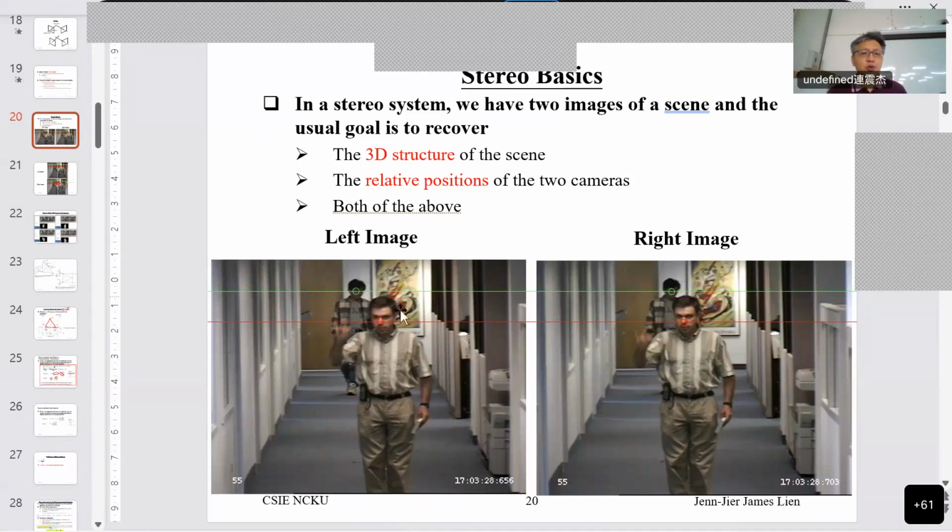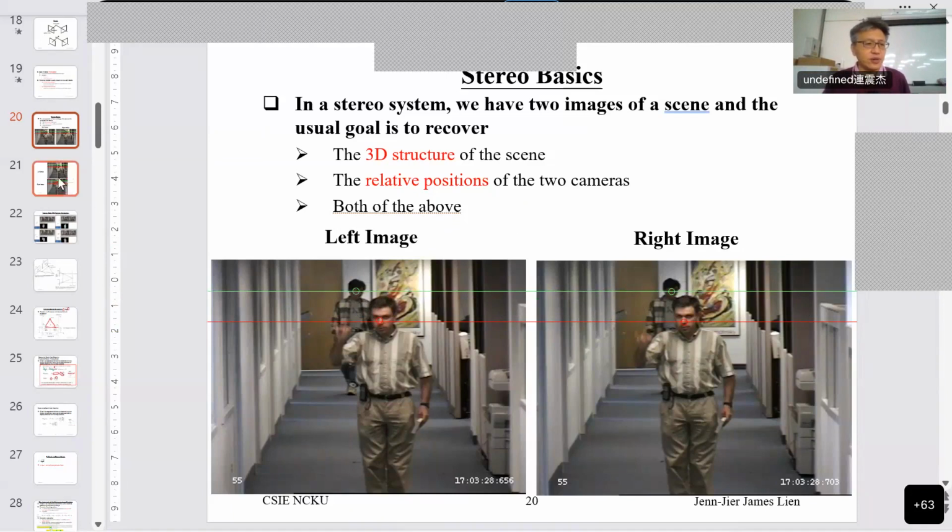Or if the two images already align well, that means this epipolar line will correspond to the other epipolar line. So for any point along one epipolar line, you'll find a corresponding point, and this corresponding point should be located on the same epipolar line.